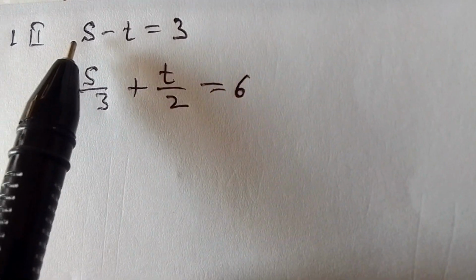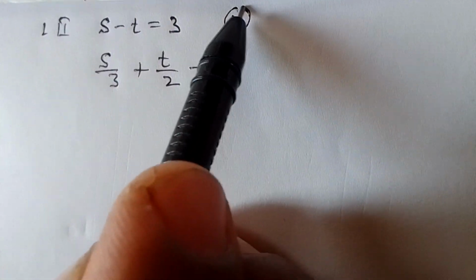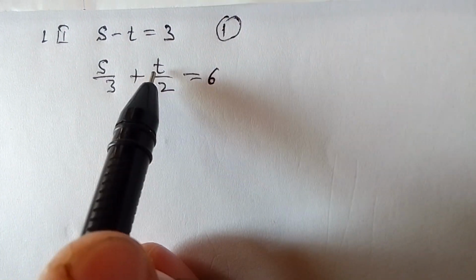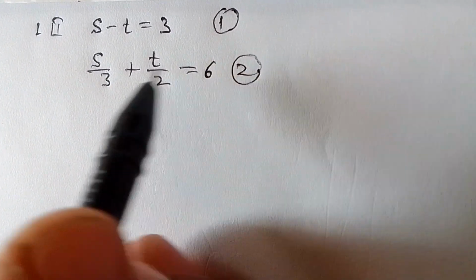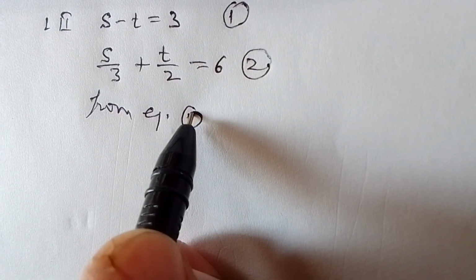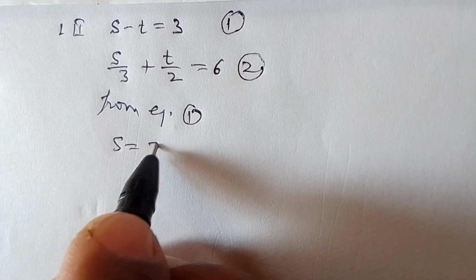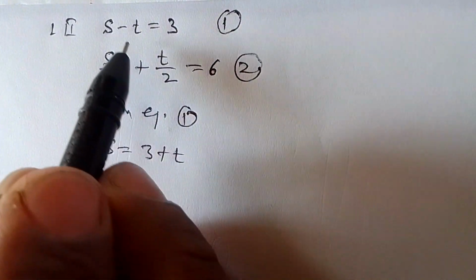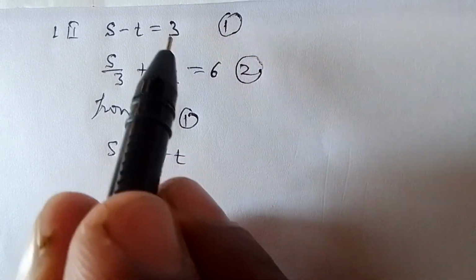The second question is s minus t is equal to 3, that is equation 1, and s by 3 plus t by 2 is equal to 6, that is equation 2. From equation 1 we can write s is equal to 3 plus t, because when we carry t to the other side it becomes a plus sign.